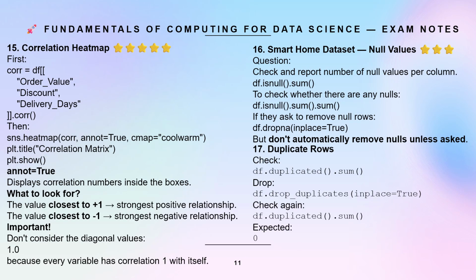Next is correlation heat map. Now correlation heat map is basically drawn between two or three columns. So let's say first you create the data frame containing those specific columns, as we needed some specific columns.